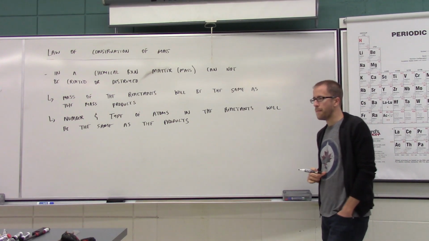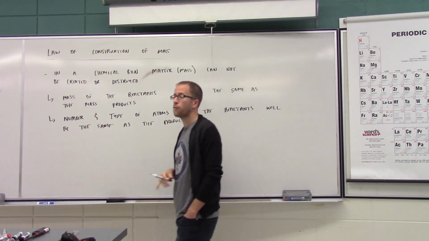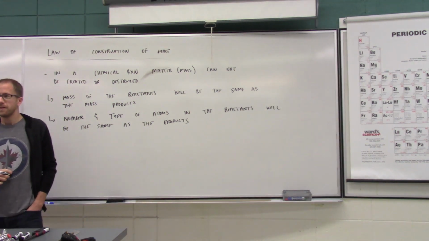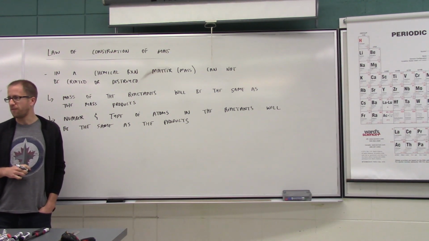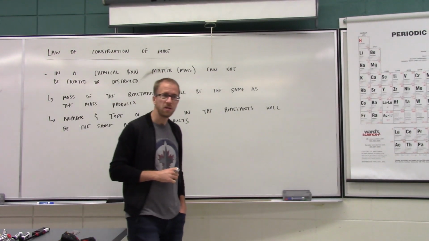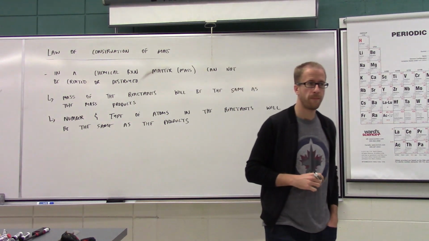So our matter is conserved from reactants to products, right? If we had 10 hydrogens and 5 oxygens in your products, you will have 10 hydrogens and 5 oxygens.